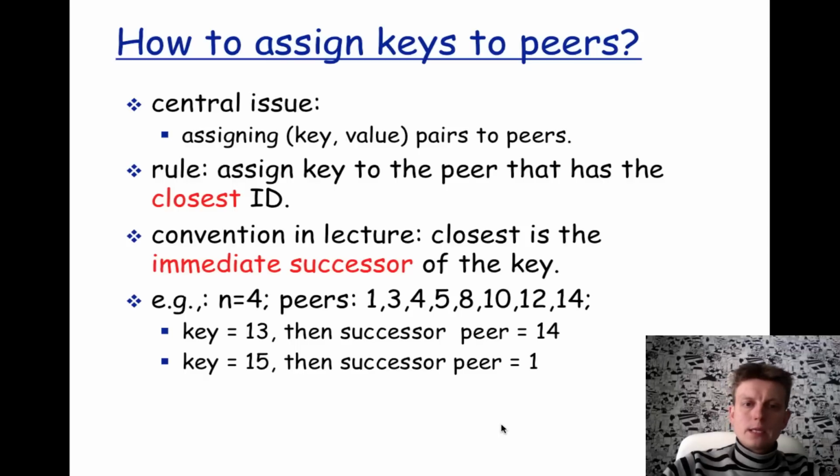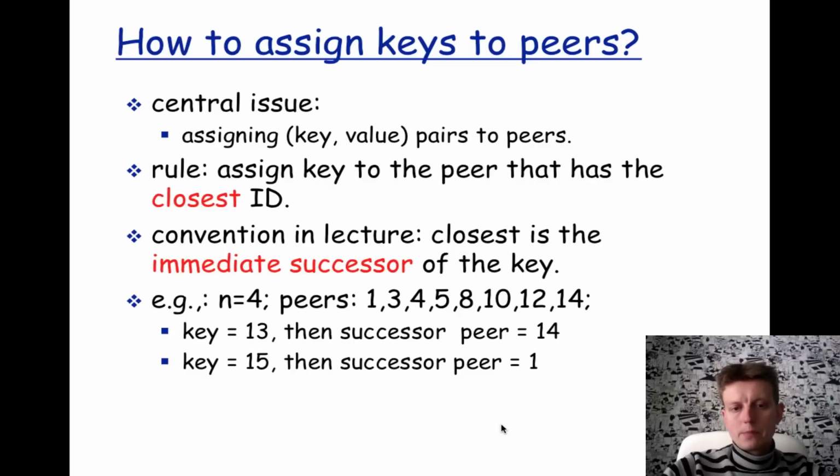So now the central issue in distributed hash tables is how to assign the key-value pairs to the actual peers. Because, as you may imagine, a peer with exactly the same ID as the key may not be present in the network. So the rule here is to assign a key to the peer that has the closest ID. And in the context of distributed hash tables, the closest ID would be the immediate successor of the key.